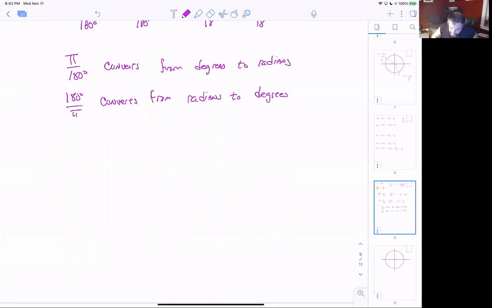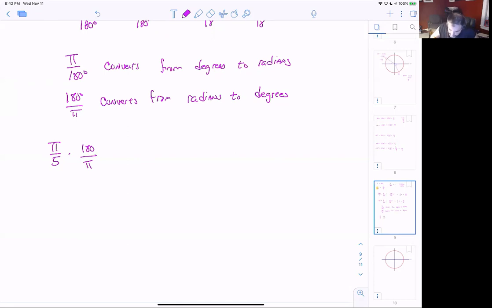So let's say you were dealing with something like pi over 5. Now, personally, I think it's easier and faster to just stick 180 in for pi and do 180 divided by 5. But if you wanted to have a mechanical way to do this, you can use this conversion factor. So we're starting in radians, so we multiply this by 180 over pi.